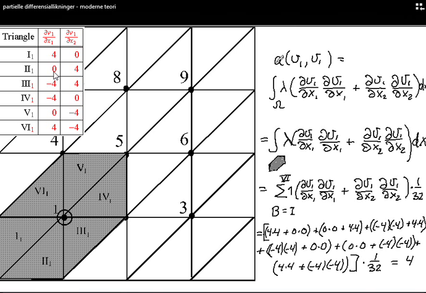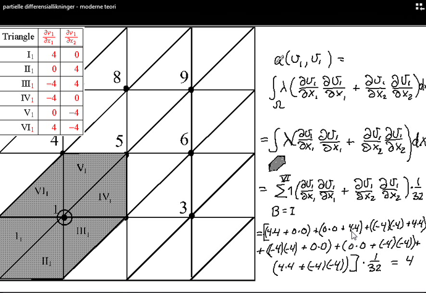table we have that the partial derivative of v1 with respect to x1 is equal to 0. So therefore we multiply this with 0. 0 times 0 is 0, plus the partial derivative of v1 with respect to x2 multiplied with itself, and this is from the table equal to 4.